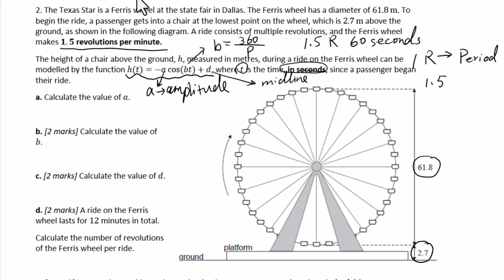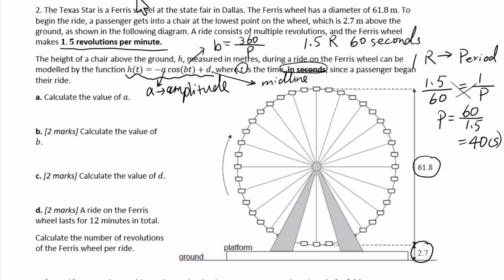1.5 revolutions will take 60 seconds. What about one revolution? How many seconds will it take? Cross multiply. P equals 60 over 1.5 equals 40. So period is 40 seconds.